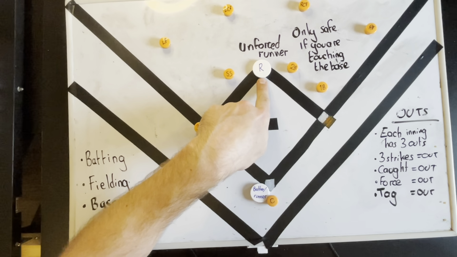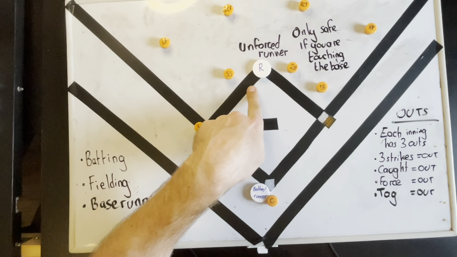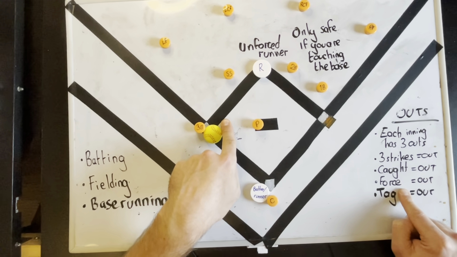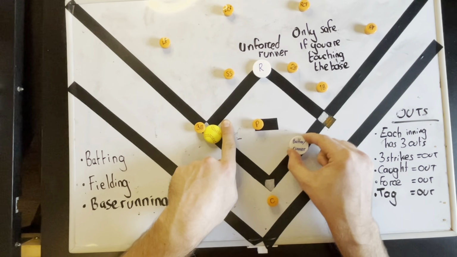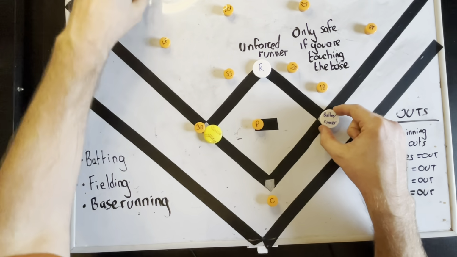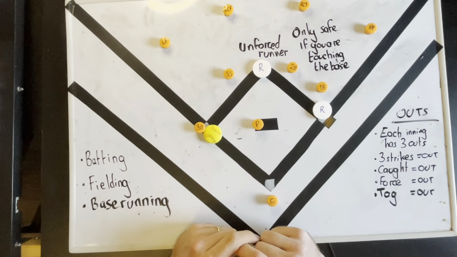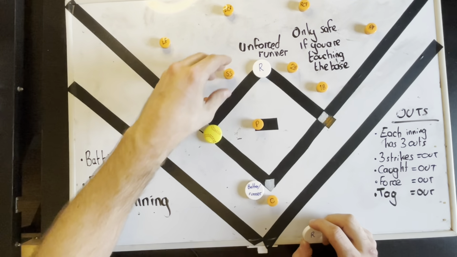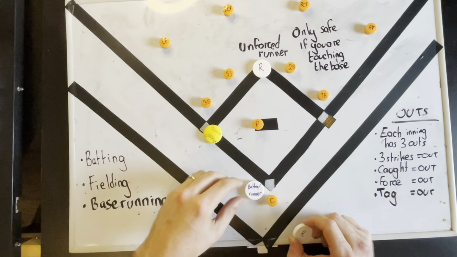But the umpire would say, no, they're not out. They weren't forced to run, so they were not subjected to a force play. And in the meantime, the batter runner has managed to make their way up to first base and now becomes a runner. So that's what we're trying to get an understanding of in this situation.